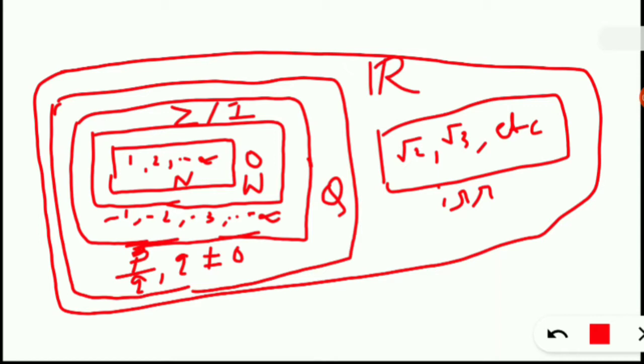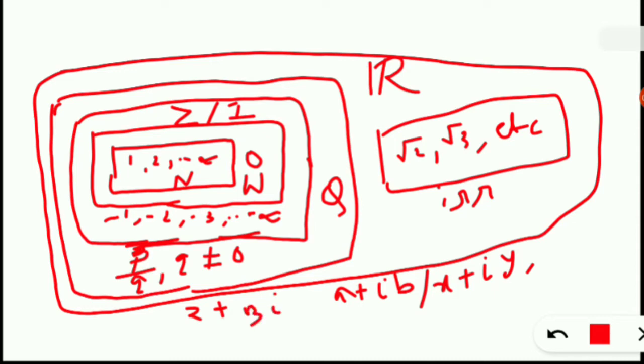After that, the last one is complex numbers, and a complex number is of the form a plus i into b, or x plus iy. As for example, 2 plus 3i.